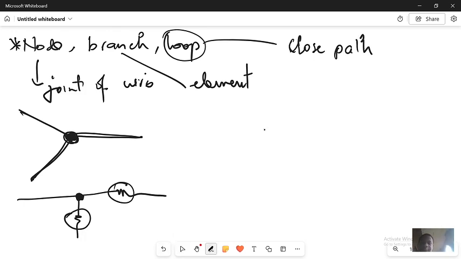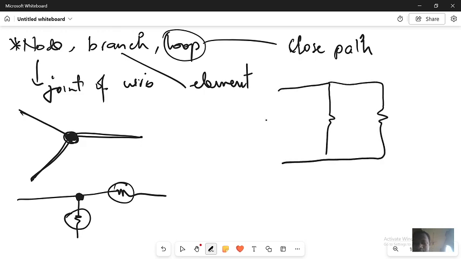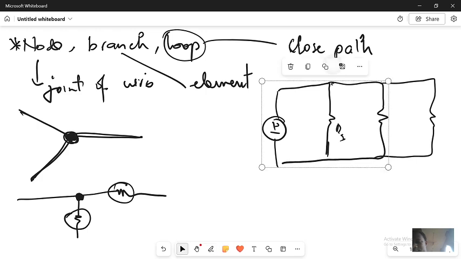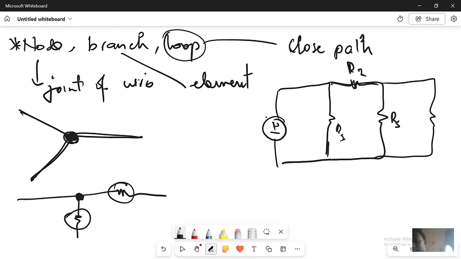Let's say for example I have this circuit, which is powered by this source. I have R1 here, I have R2 here, I have R3, I have R4.